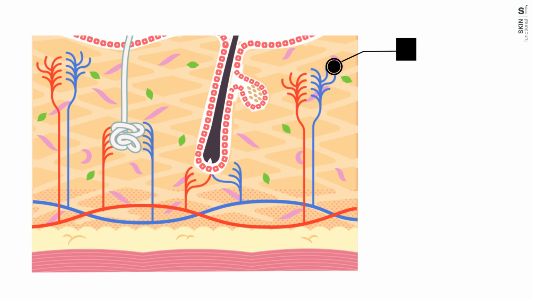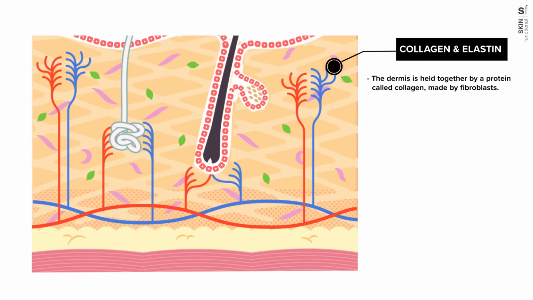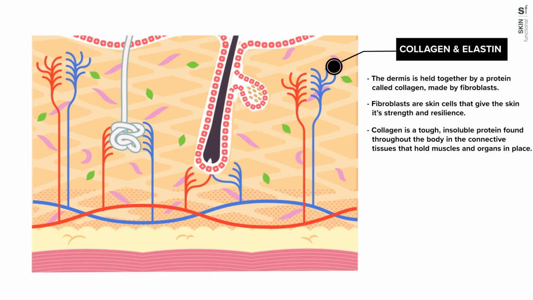Collagen and elastin. The dermis is held together by a protein called collagen, made by fibroblasts. Fibroblasts are skin cells that give the skin its strength and resilience. Collagen is a tough, insoluble protein found throughout the body in the connective tissues that hold muscles and organs in place.